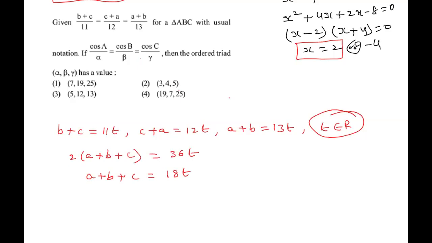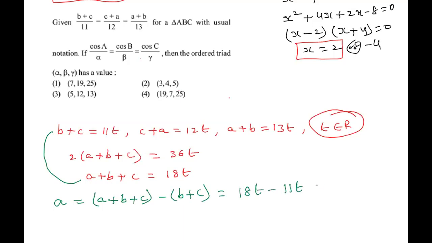But we want the value of A. A+B+C is 18T and B+C is 11T. Subtract these two: (A+B+C) - (B+C) is 18T - 11T, we get 7T.